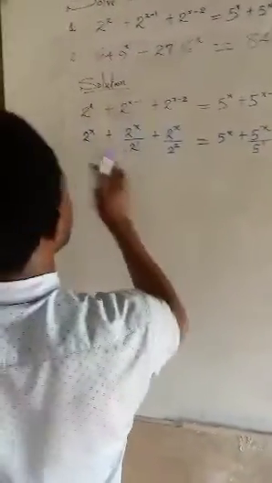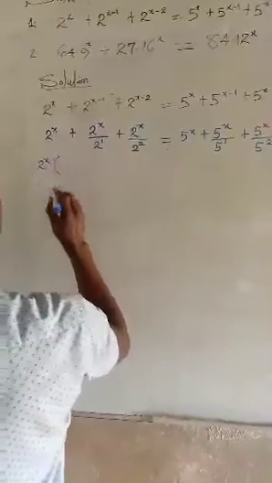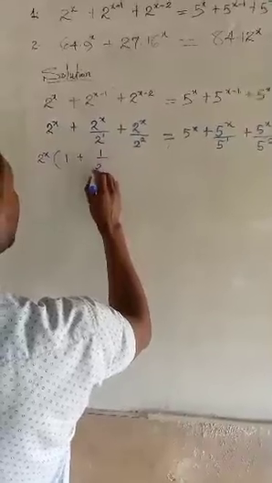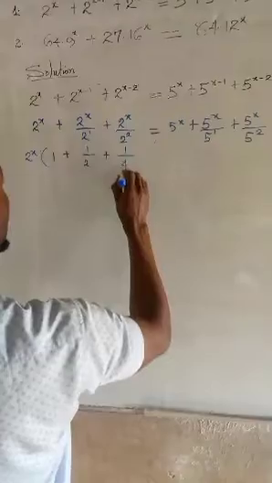So we can factor 2 raised to power x out. So 2 raised to power x into, we have 1 plus 1 all over 2 plus 1 all over 4.